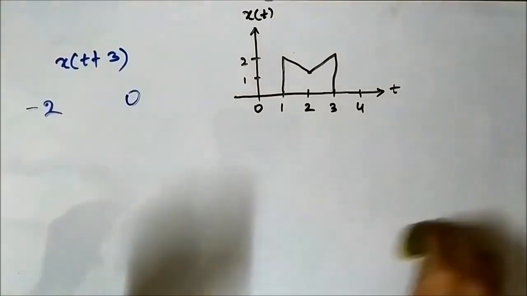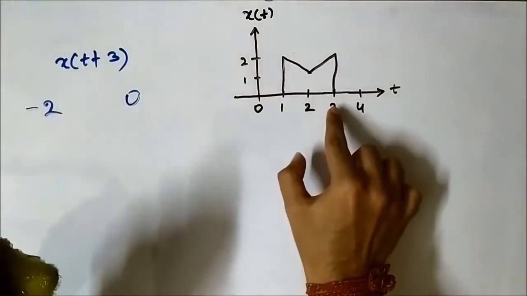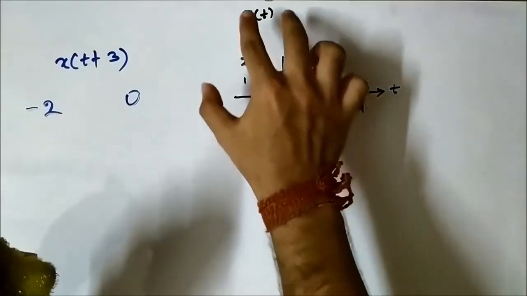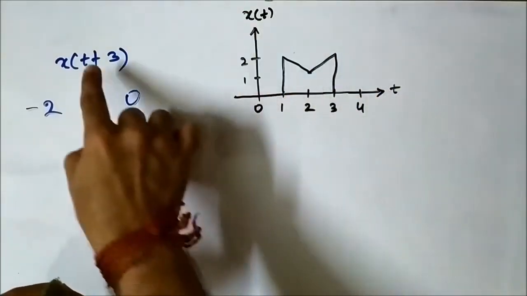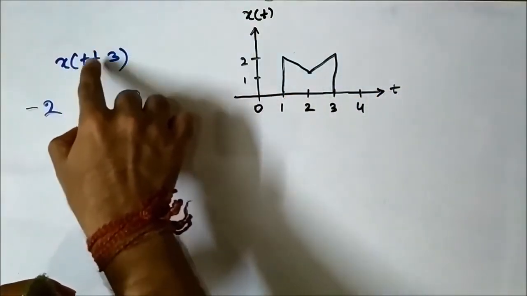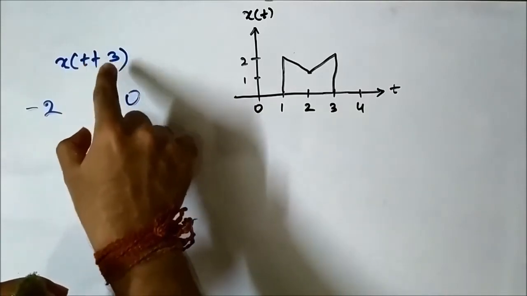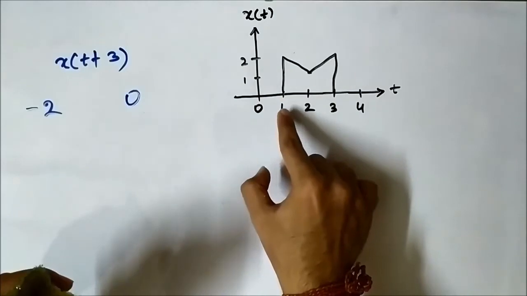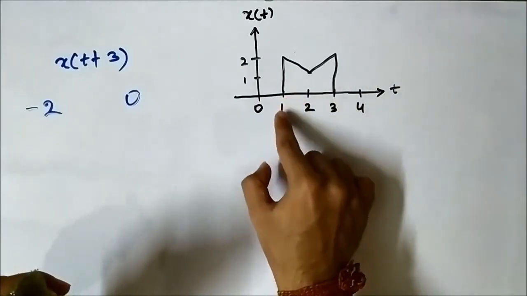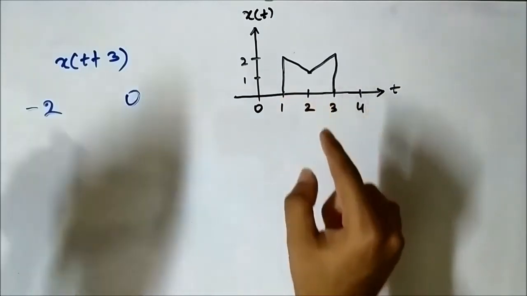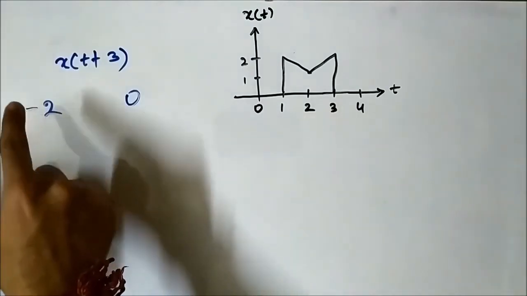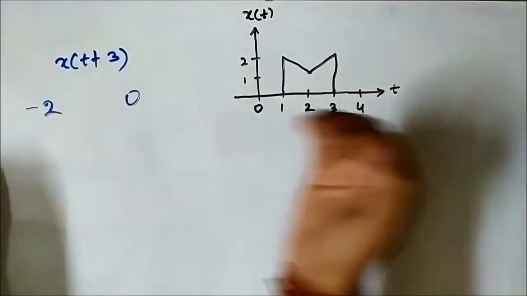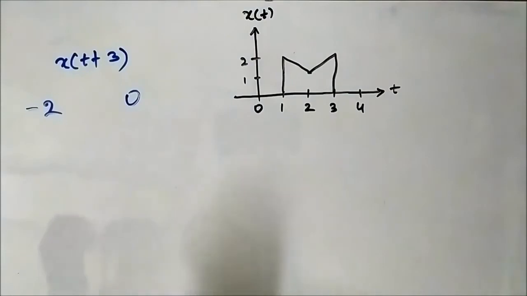You pick the starting and ending points of the given signal x(t). Depending on the shifting, plus 3 means to the left by 3 units, we subtract 3 from the starting point 1 and the ending point 3, which gives us the new starting and ending points of the shifted signal.